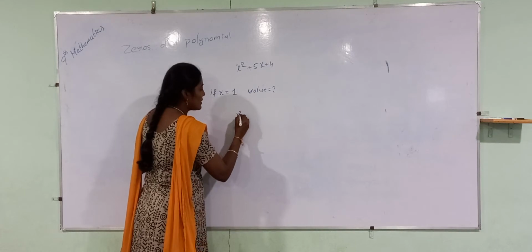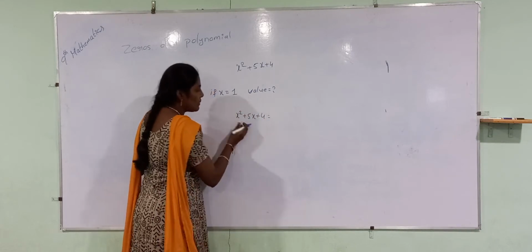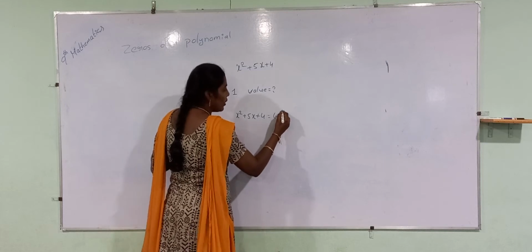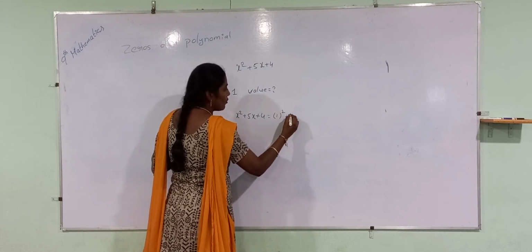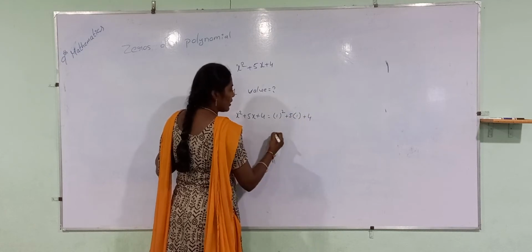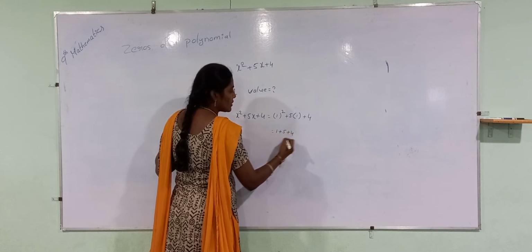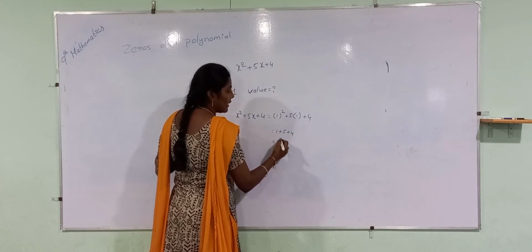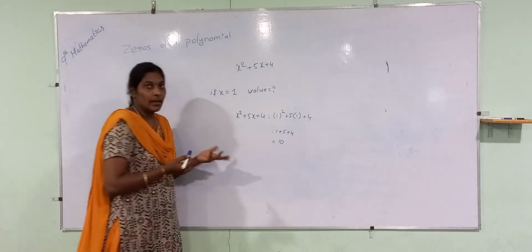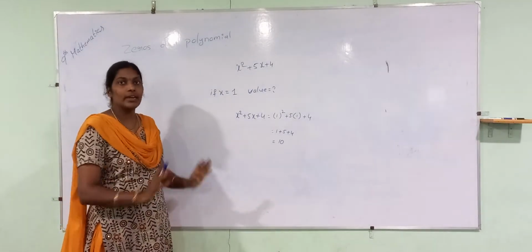So, x square plus 5x plus 4. The first term is x square, so you place 1 whole square plus 5 into x plus 4. 1 square means 1, 5 into 1 is 5, plus 4. What is the total? 10. So, the value is 10. You know this, right? We already learned this.